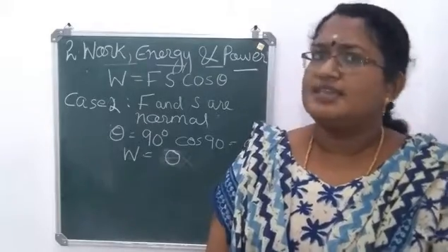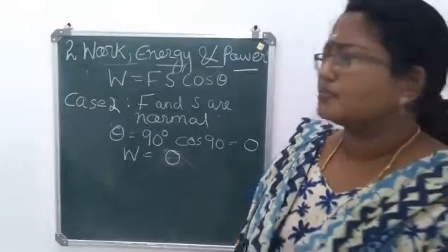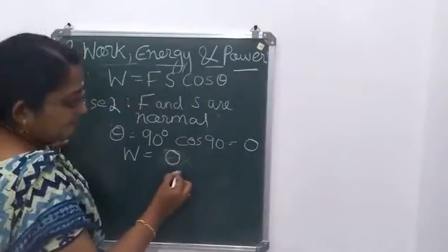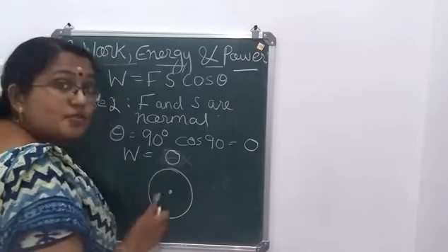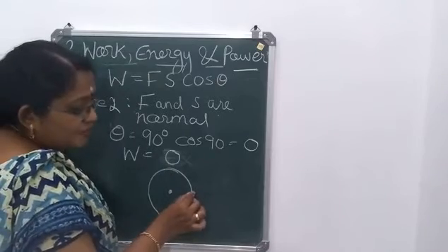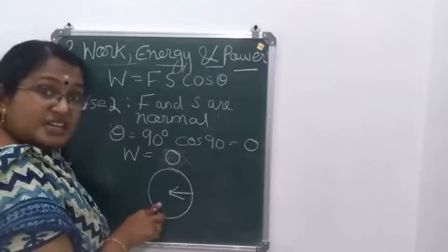So can you give examples for this where work done is 0? Consider a body moving around a circular path. We have discussed circular motion, isn't it? When a body is moving around a circular path, in which direction is the centripetal force acting? Centripetal force is acting inward.